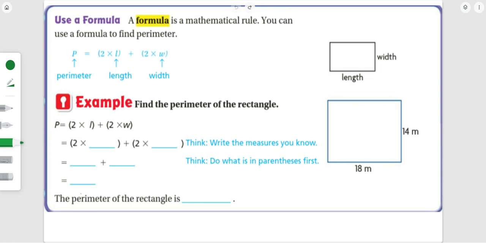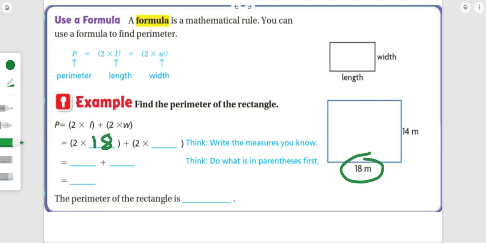Now that we have the length, we can plug that in place of our L. Underneath this formula, we're going to rewrite our new formula with the numbers that we found. So 2 times L can change to 2 times 18, because we found the length is actually equal to 18. We substituted this L for an 18.